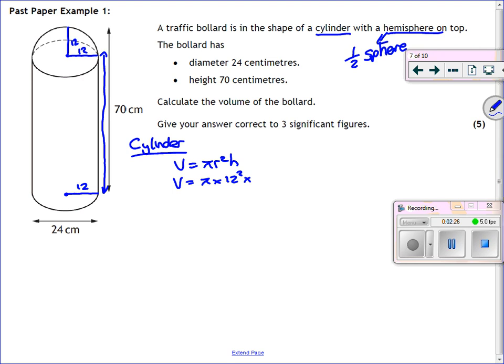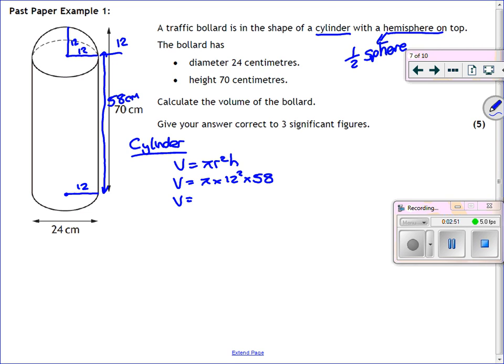So really all we need to do is take 12 centimetres off our 70, and that will give me the height of the cylinder. That means the height of the cylinder has to be 58 centimetres. So it's pi times 12 squared times 58. Let's go ahead and work that out.